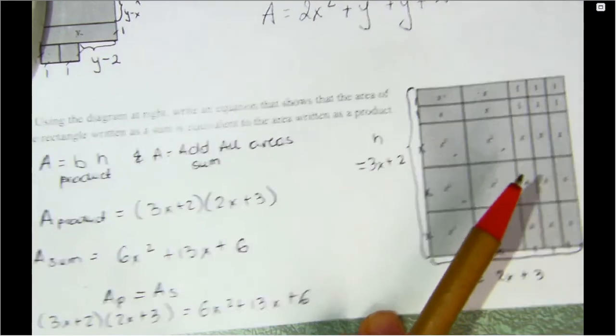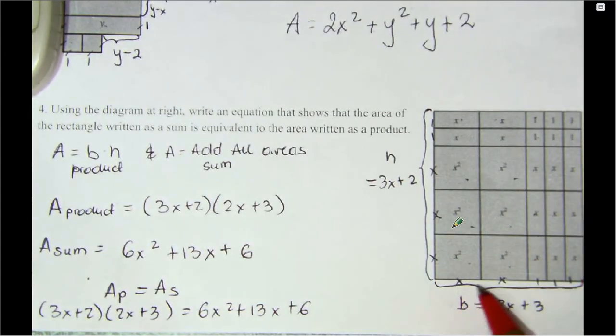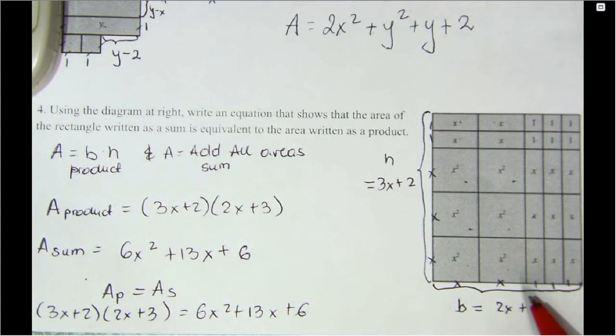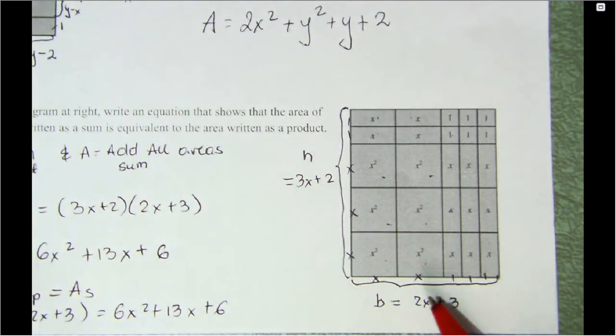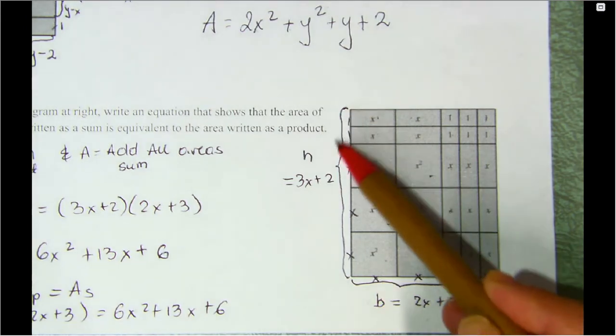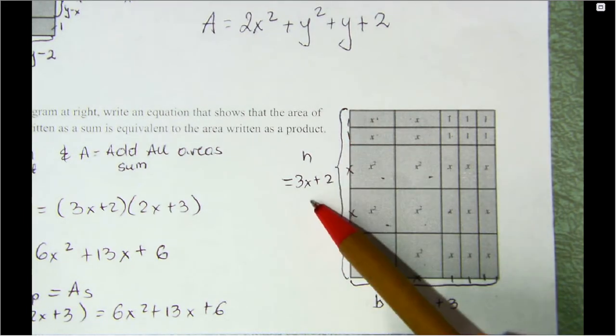Okay, what does it mean for us? Well, if I want to know the base, I need to know the length of this whole side. Just like we were looking at the perimeter, the length of this is x plus x, so 2x and 3, and then the height of this will be 3x plus 2.